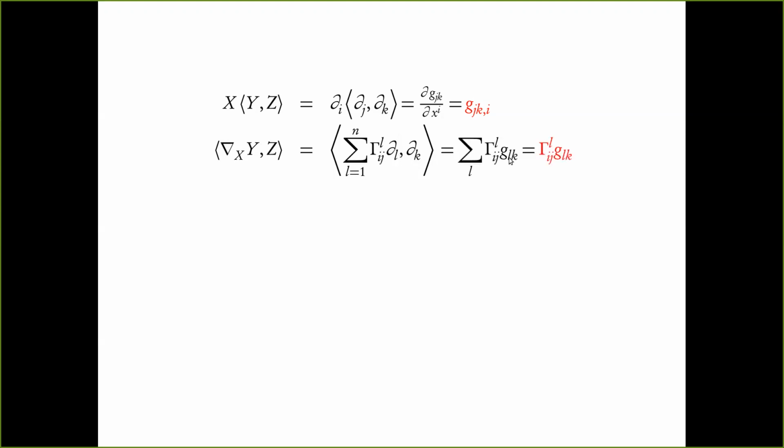It's gamma l ij glk. But I'm also going to start using the Einstein summation convention, which means that the only thing being summed over here is l. It's evident in the notation that l appears at the top as well as at the bottom. So whenever I write a symbol like this, it means a sum over all those indices which appear at the top as well as at the bottom.